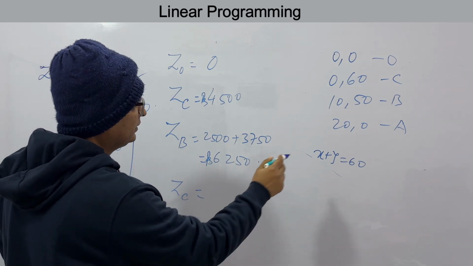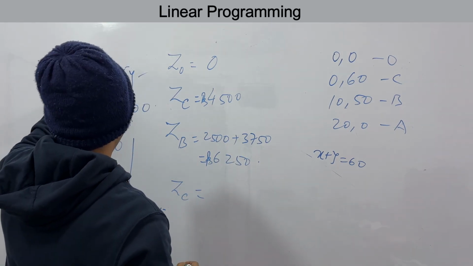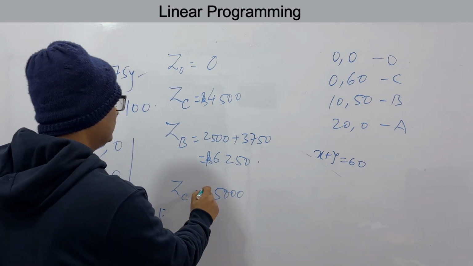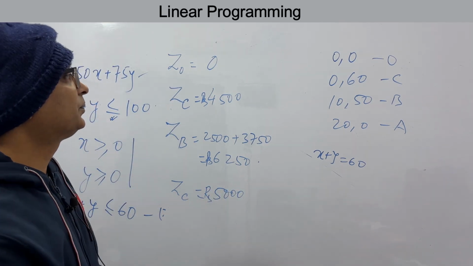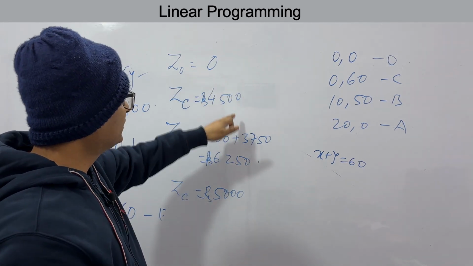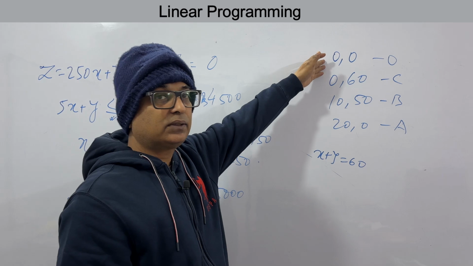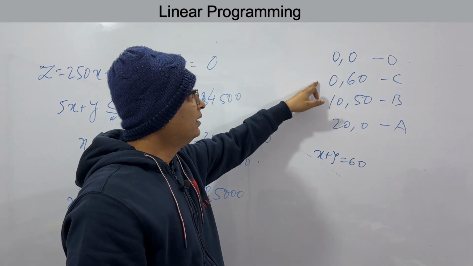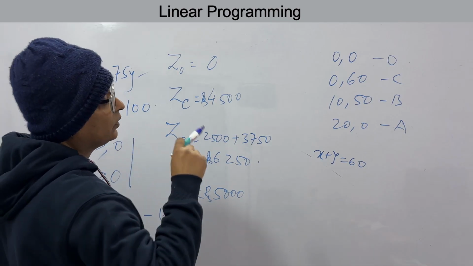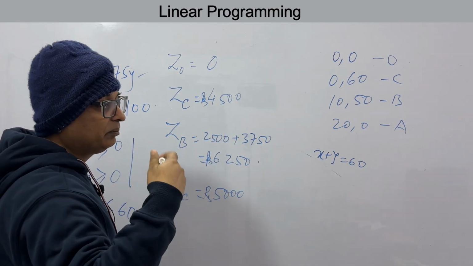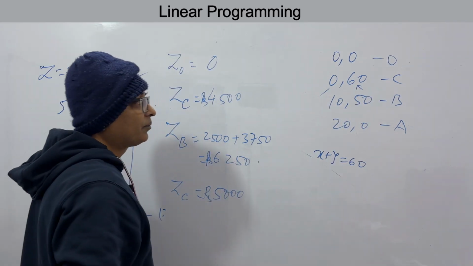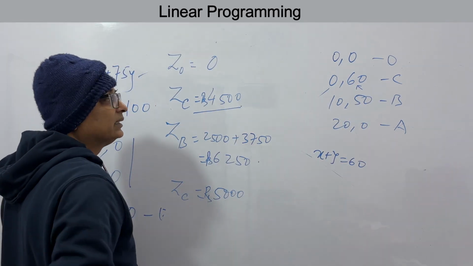What will this be at A? A is 20 0. So 250 into 20, that is 5000. So if the seller sells at this point O, he'll get 0 rupees. That is the minimum. If he buys 0 tables and 60 chairs only, then he'll get a profit of rupees 4500.